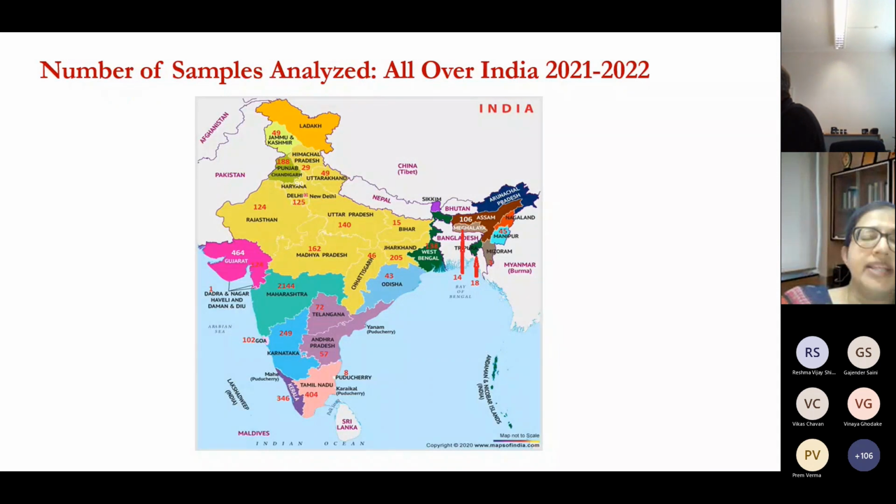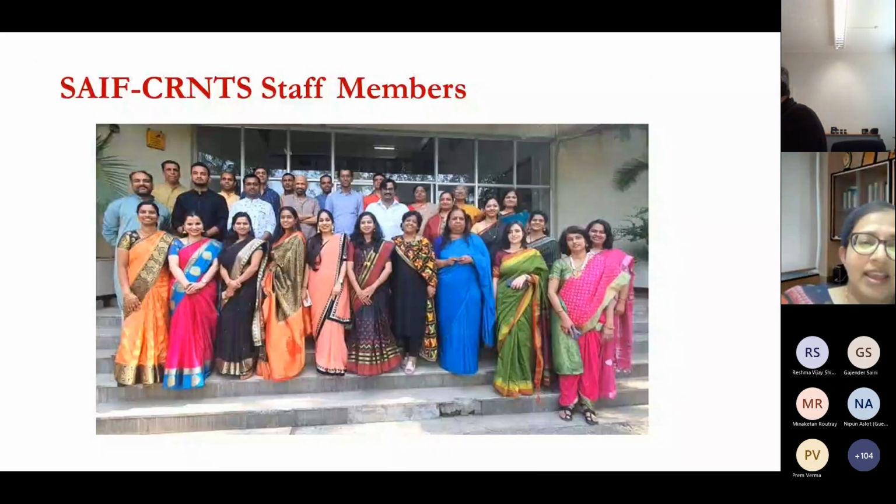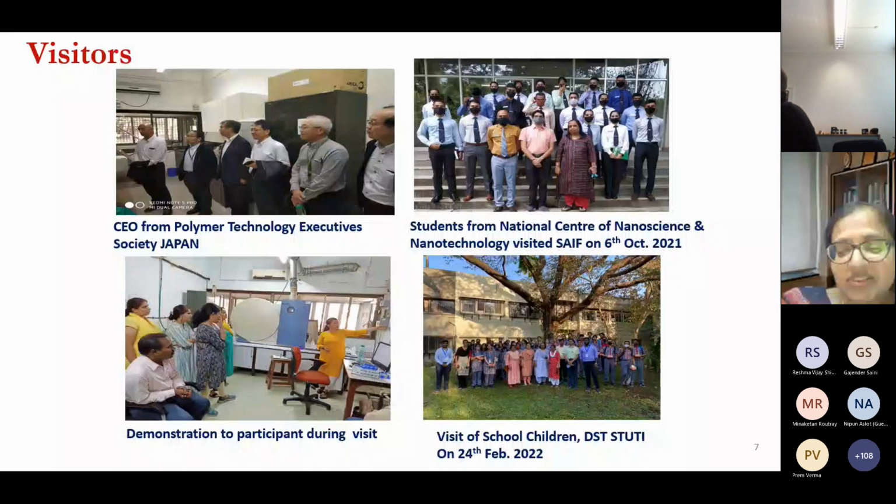This shows the number of samples analyzed all over India in 21-22. You can see that it's not just Maharashtra. Samples come from all over India. And these are the staff members of SIF CRNTS who work tirelessly to analyze the samples that are received.